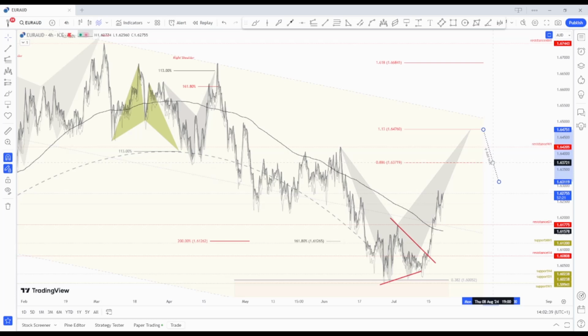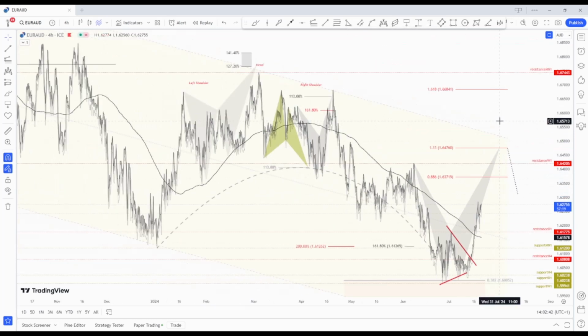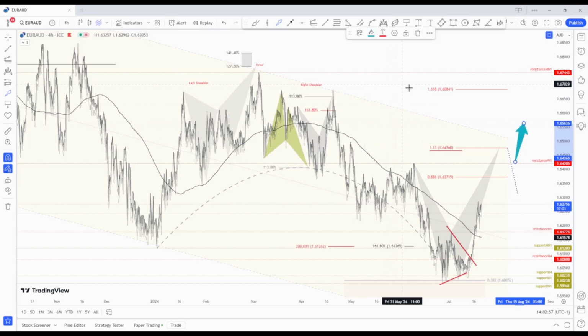and then the price starts to drop or to pull back. And this is something that I will pay attention to. 113% Fibonacci extension level, threatening the previous resistance. A lot of people will be engaging the market expecting a move to the upside.